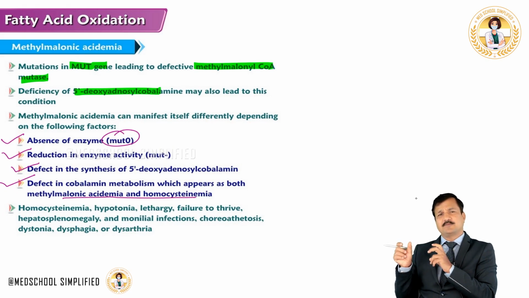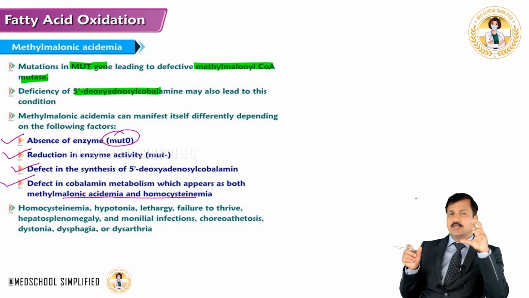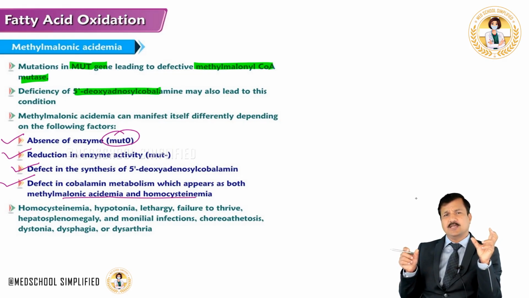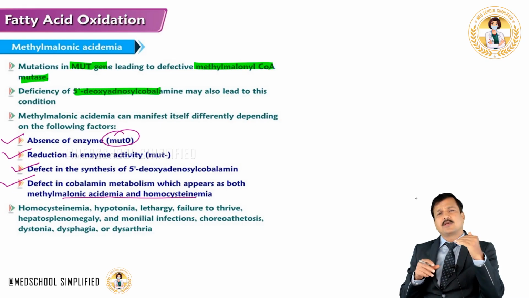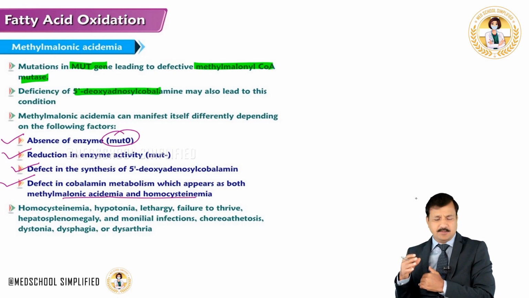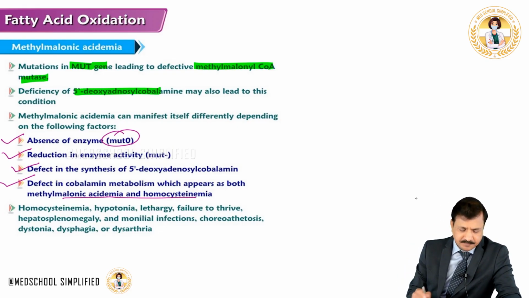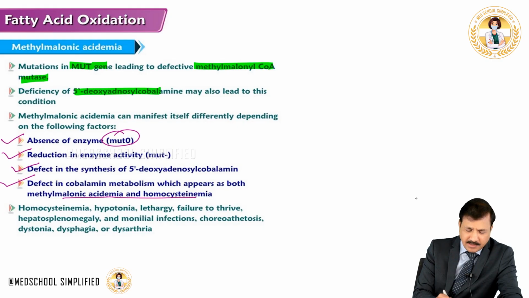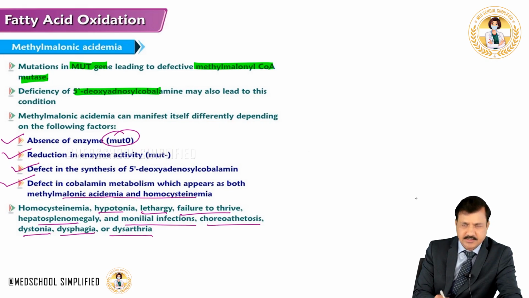That's why in cobalamin deficiency, as opposed to the inherited cause of methylmalonic acidemia, you can see elevated methylmalonic acid along with homocystinemia. The signs here are homocystinemia-related signs along with hypotonia, lethargy, failure to thrive, hepatosplenomegaly, monilial infections, choreoathetosis, dystonia, dysphagia, and dysarthria.